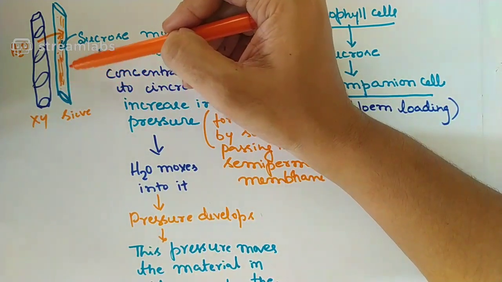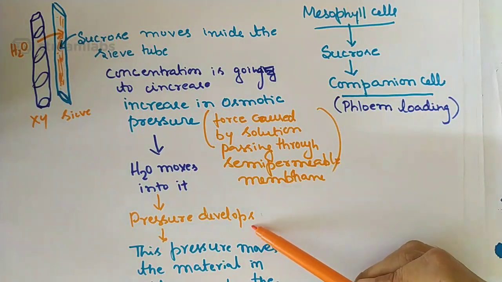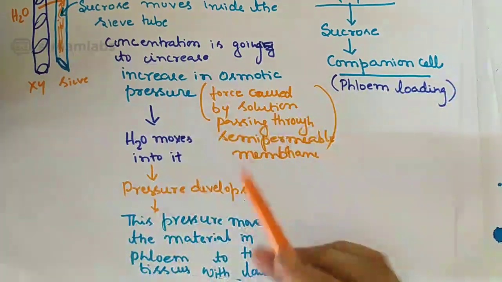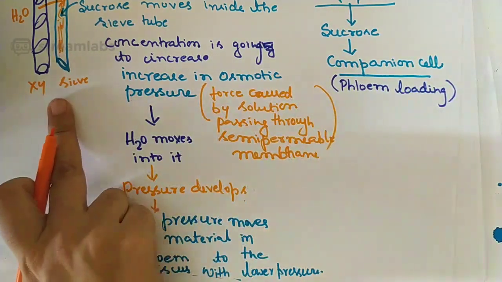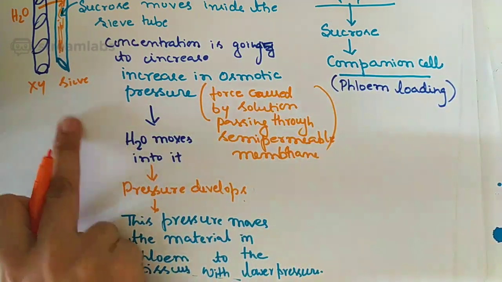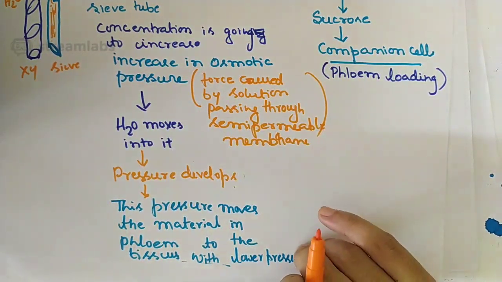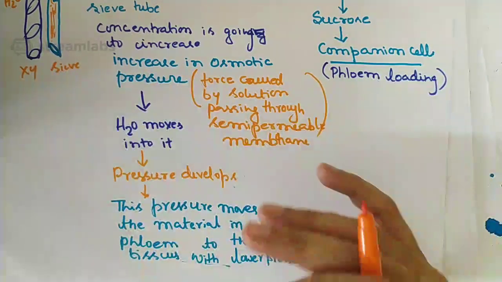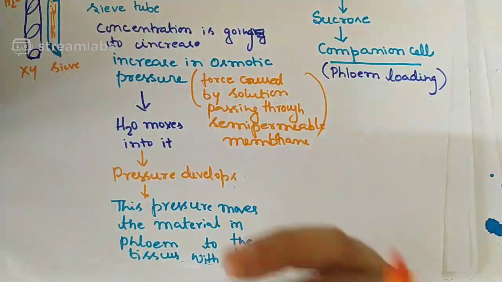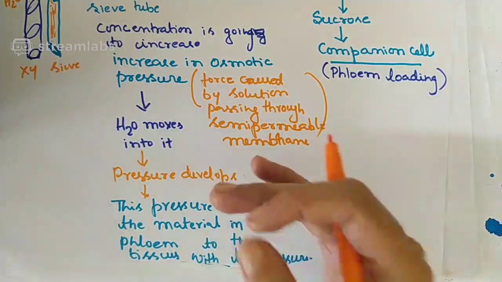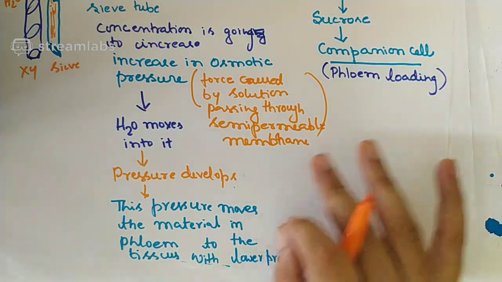A pressure is going to develop, and as a result, the pressure moves the material from the phloem to the other tissues with the lower pressure. So, in the phloem, that is in the sieve tube, the pressure is more. From there, the food material is going to move to the locations where there is lower pressure.